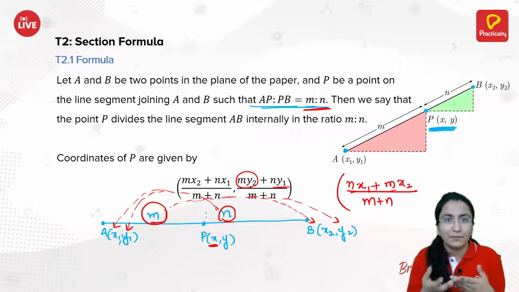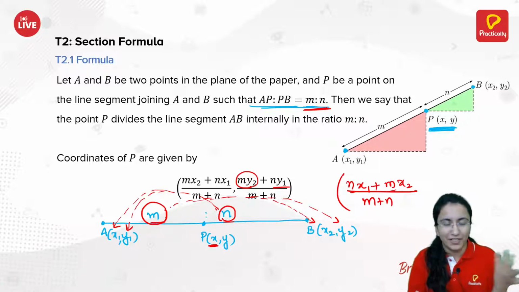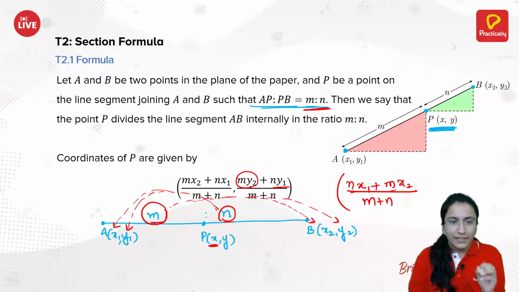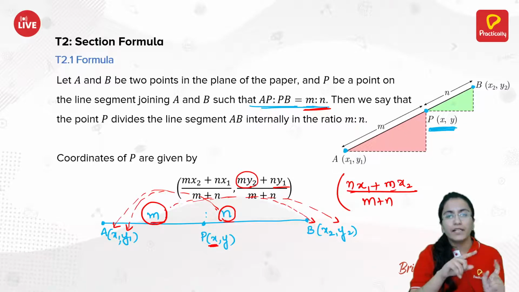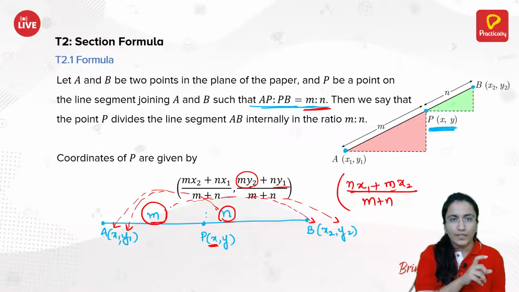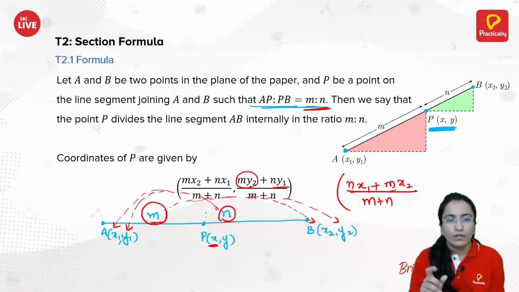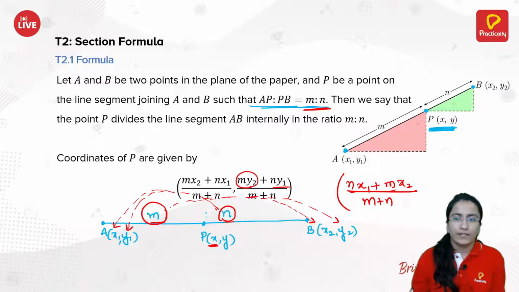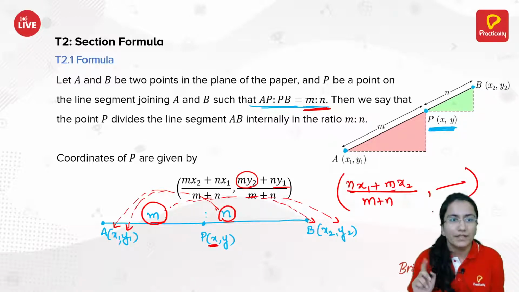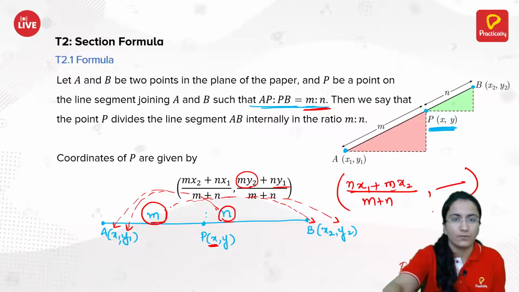No one is saying what exactly your m value is, what exactly your n value is, right? So just write the values of m and n there, multiply the ratio on one side to the point on the other side, and again multiply the ratio on the other side to the point on the first side, and add them, divide by the sum of these ratios, m plus n. That's it, right? You can even write the formula over here for y2. So this completes your formula for the section formula.